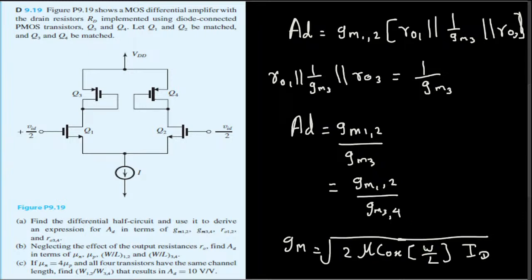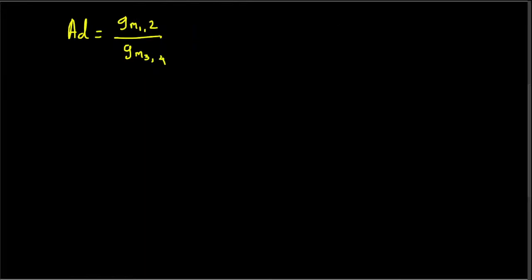The width over length ratio is going to be the same for 3 and 4, and the same for 1 and 2. Other than that, the COX and ID are going to be equal for both of them. So based on that information, we can cancel some of the terms.